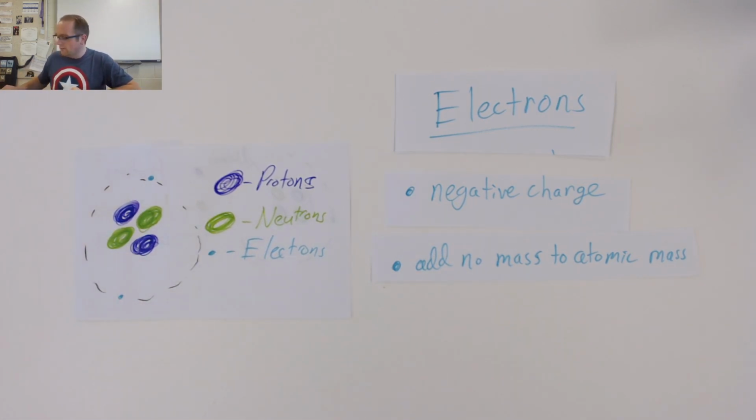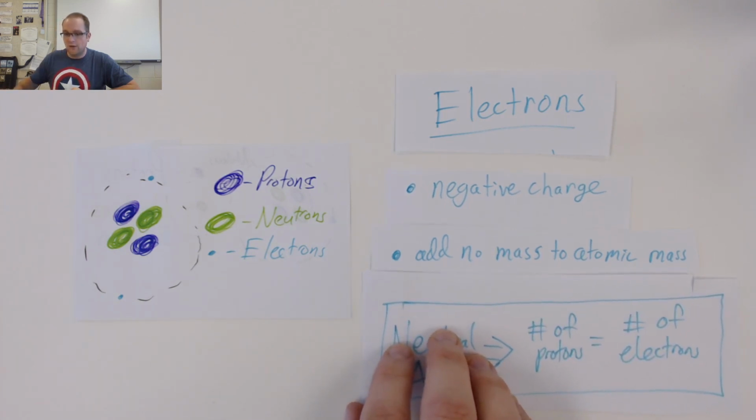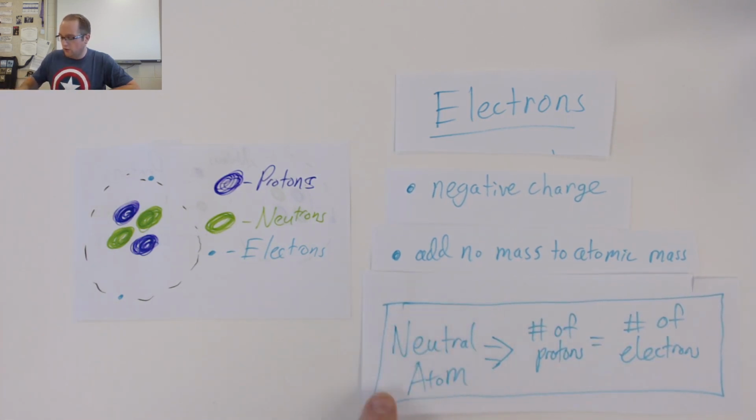Now, what's important to note here is the relationship between electrons and neutral atoms, meaning atoms with no charge. If you're talking about an atom that is neutral, the number of protons will equal your number of electrons. This will help us a bunch talking about how we can describe our different atoms.